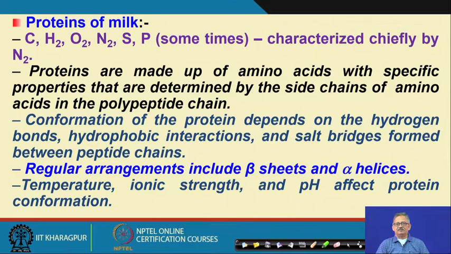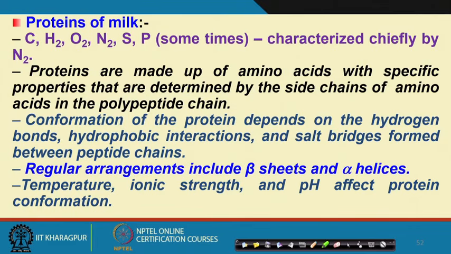All these salt bridges, hydrophobic or hydrogen bonds or peptide bonds, we have also covered, right. So, regular arrangements include beta sheets and alpha helix, right. This alpha helix and beta sheets also we have covered in our previous classes, right.